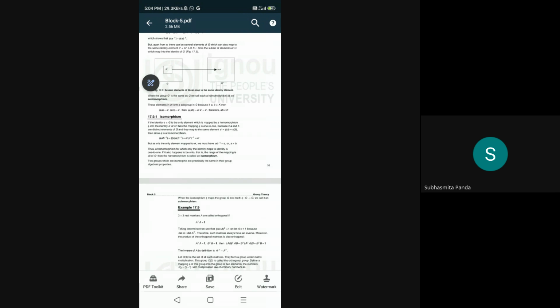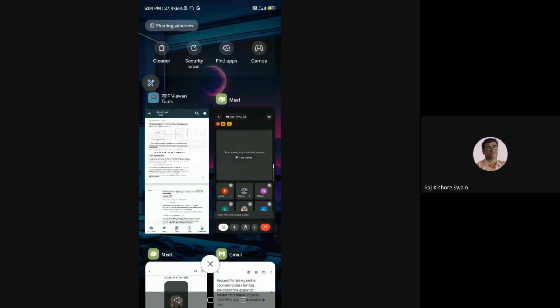And if a homomorphism for which only the identity maps to the identity is 1 to 1, and the range of the mapping is all of G dash, then the homomorphism is called an isomorphism.